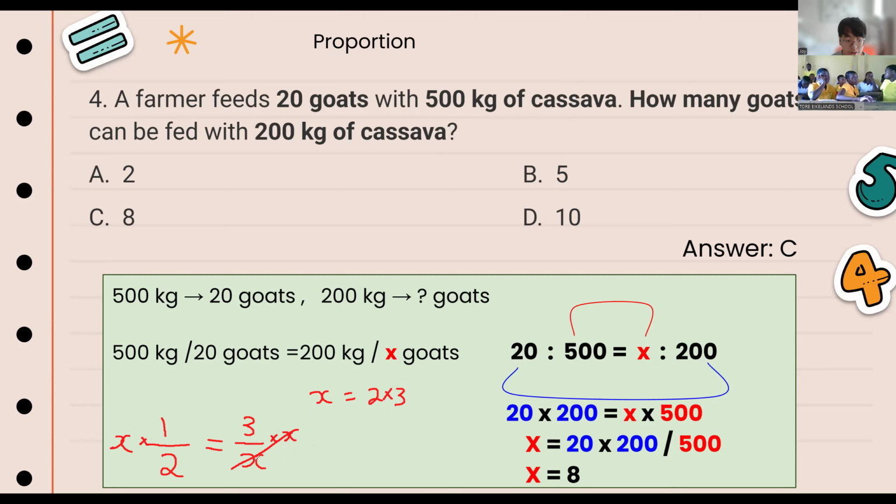This cancels, and then we can multiply 2 on both sides as well. So what you can do in these proportions is multiply the cross. That's what we did here, right? So X equals 2 times 3, which is equal to 6.